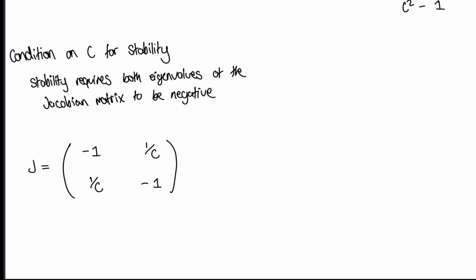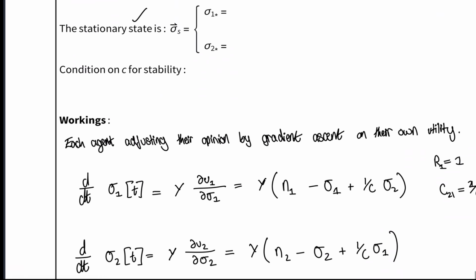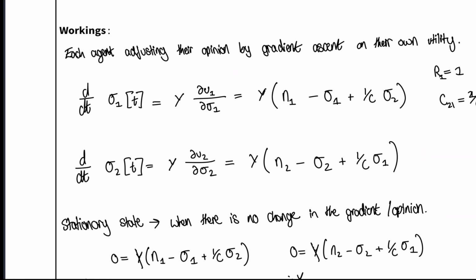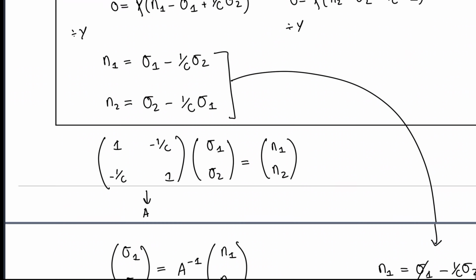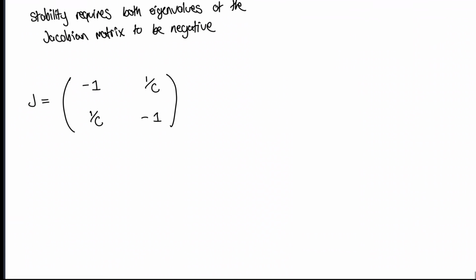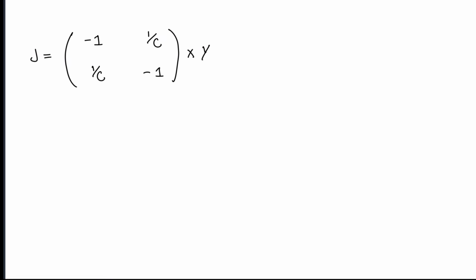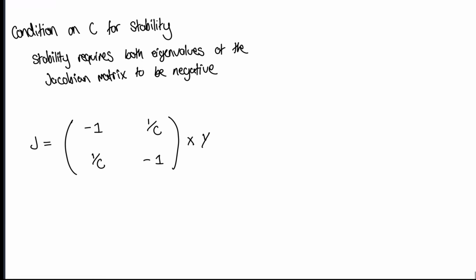So here is our Jacobian. What I have failed to do is include that gamma. So our Jacobian will be this matrix multiplied by gamma. We now need to work out the eigenvalues of this Jacobian.